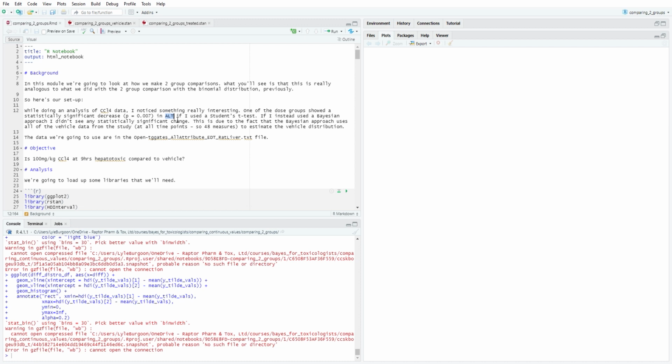ALT resides in hepatocytes, and when the hepatocytes are dying for whatever reason, could be hepatitis, could be fatty liver, could be any number of things, they're going to release ALT into the bloodstream. And so we can measure this ALT.